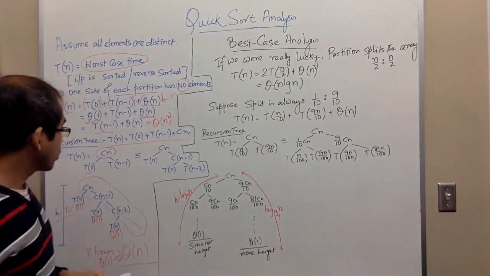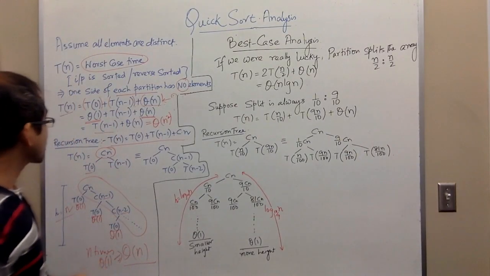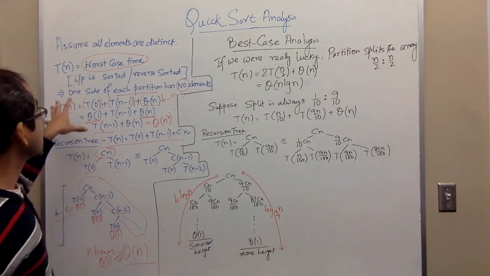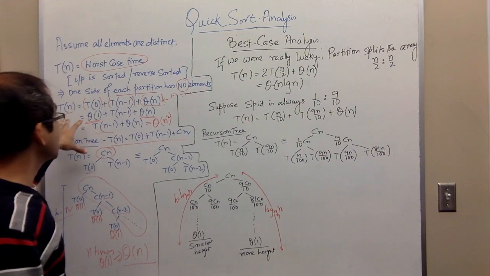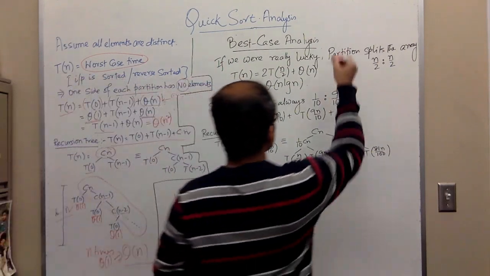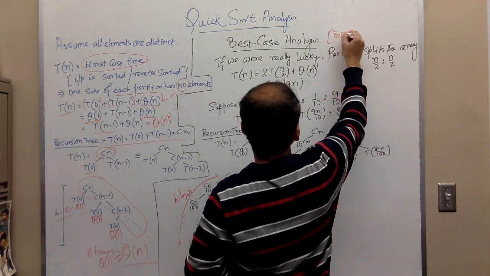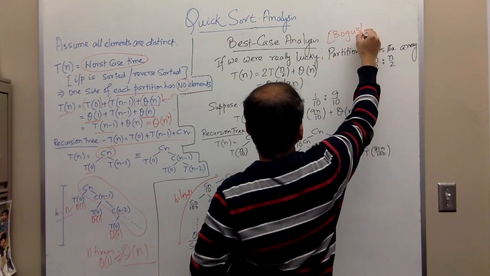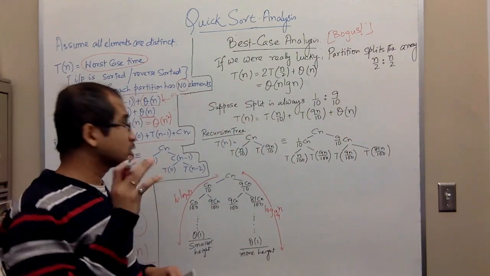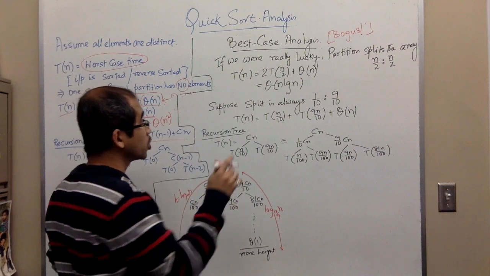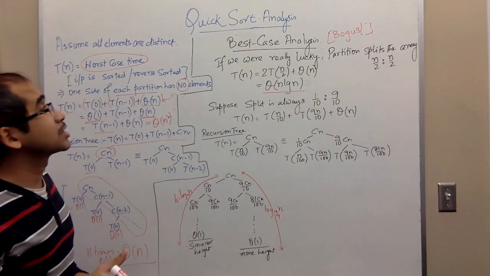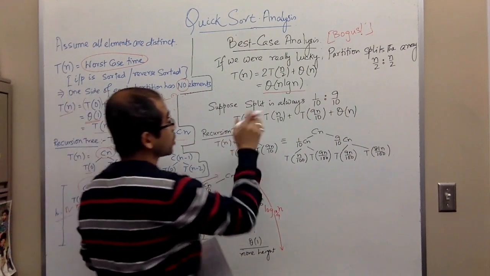So after we have shown the worst case analysis, where worst case means that the array is sorted or reverse sorted, that means one side of each partition has no elements, we talk a little bit about the best case analysis. Best case in general is bogus. I have already told earlier, best case is bogus, means there is technically no meaning of a best case analysis. But here we are just trying to show best case to show you that the average case result of quicksort is also like the best case.